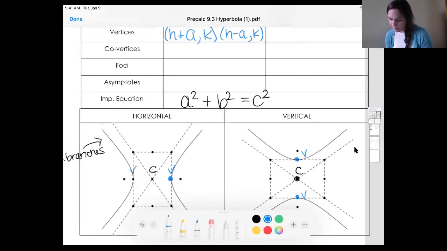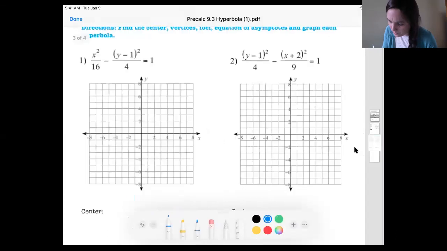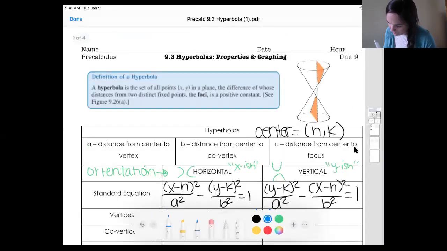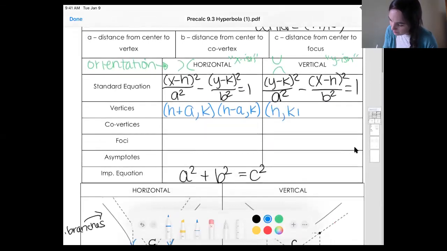So for our vertical, the actual x value of the vertices does not change from the x value of the center. So in terms of a formula, we would say this is (h, k plus a) and (h, k minus a).